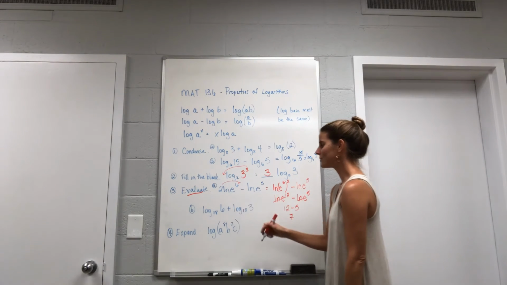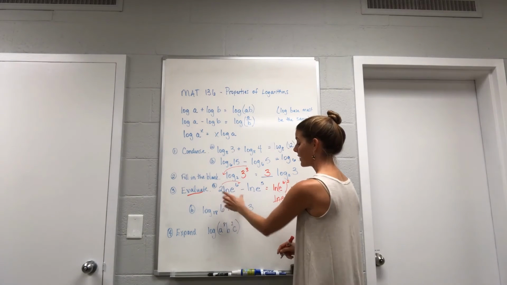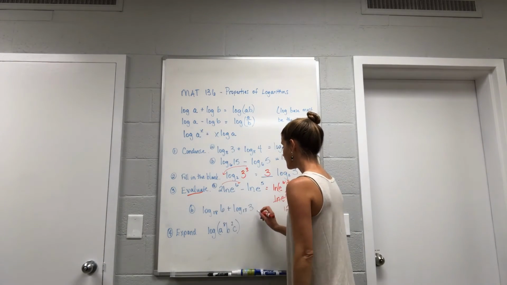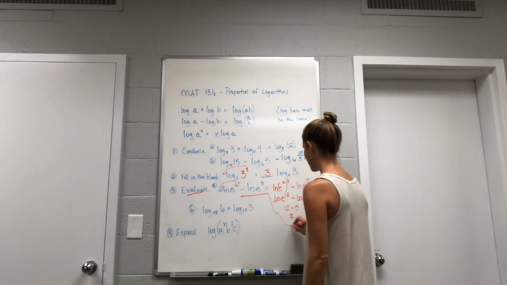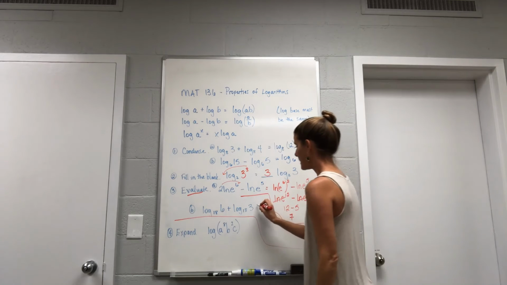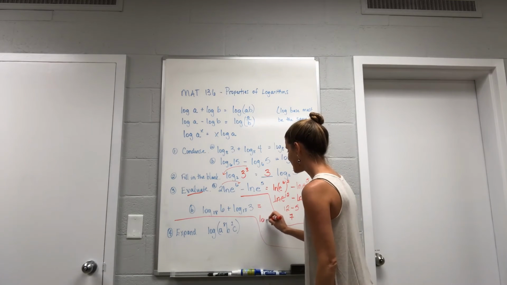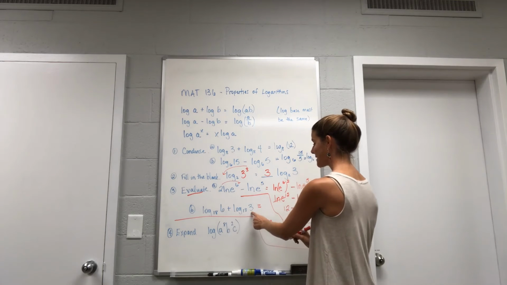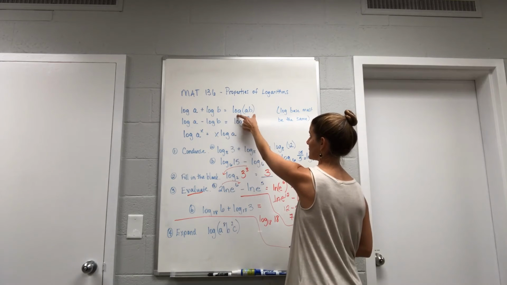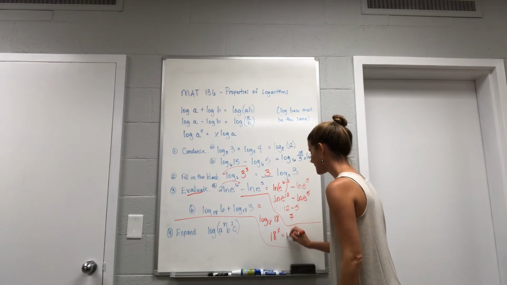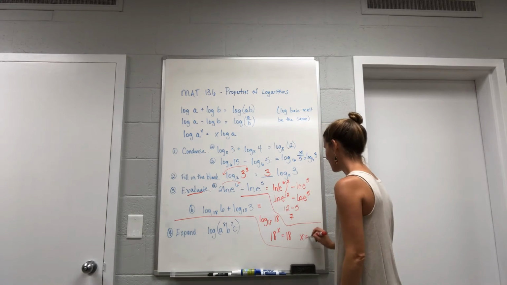All right, this one we're condensing. We're evaluating this, so we are going to condense using this rule in order to evaluate. So let's bring this here. All right, so what I want to do is condense this. So it's going to be log base 18 of 6 times 3. 6 times 3 because I'm using this property up here. So what this means is 18 to what power equals 18, and x would equal 1.